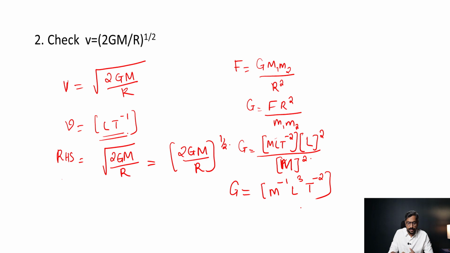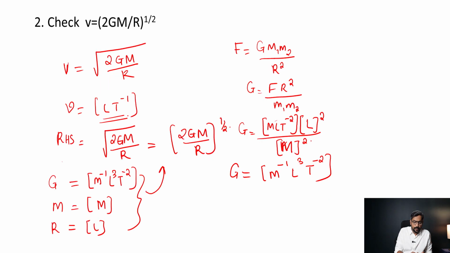So you'll get m raised to minus 1. One L is there, one L square is there, L cube, next one t raised to minus 2. So this will be the dimension for universal gravitational constant. So let us see that this is m raised to minus 1, L cube, t raised to minus 2.